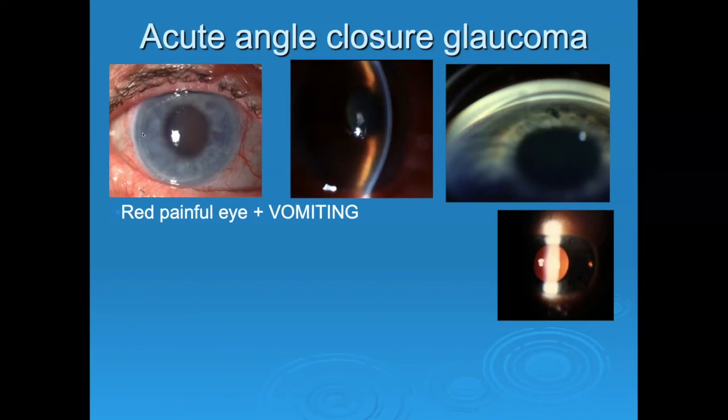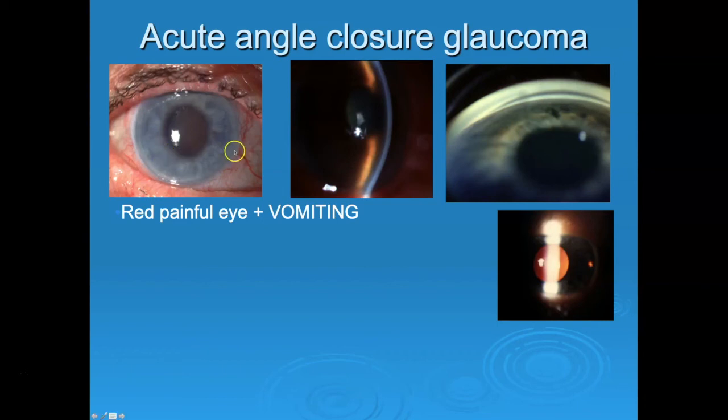Angle closure glaucoma presents with a headache, and sometimes the redness of the eye is overlooked in favour of the more dramatic headache and vomiting that might lead you to look for an intracranial cause of the headache.